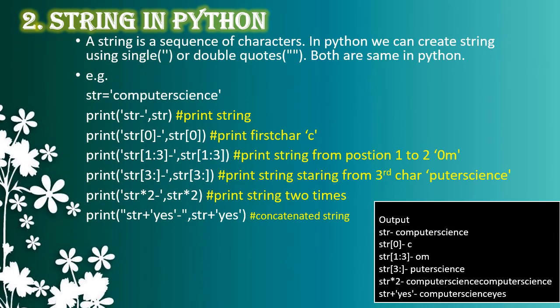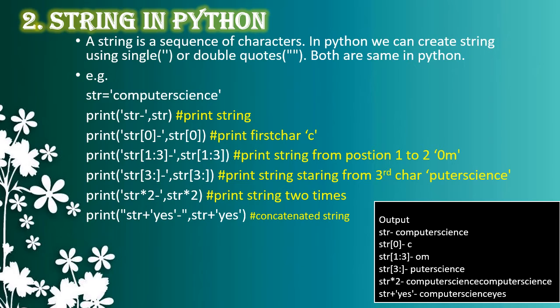And see the answers. The 0th position is the first letter C, and 1 colon 3 means first to second position, so the letters OM are printed, and 3 colon means from the third position onwards is printed.